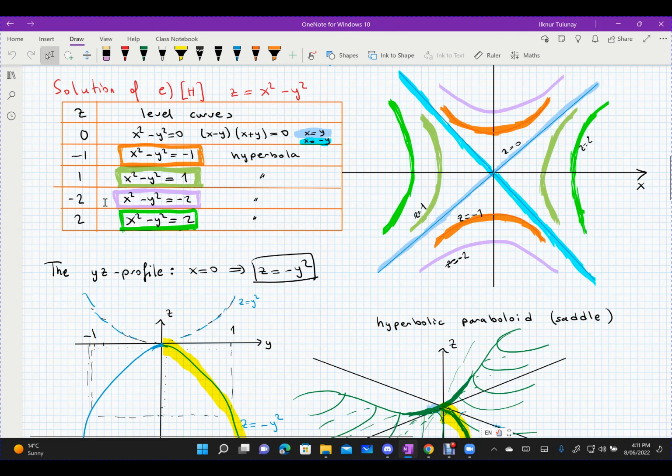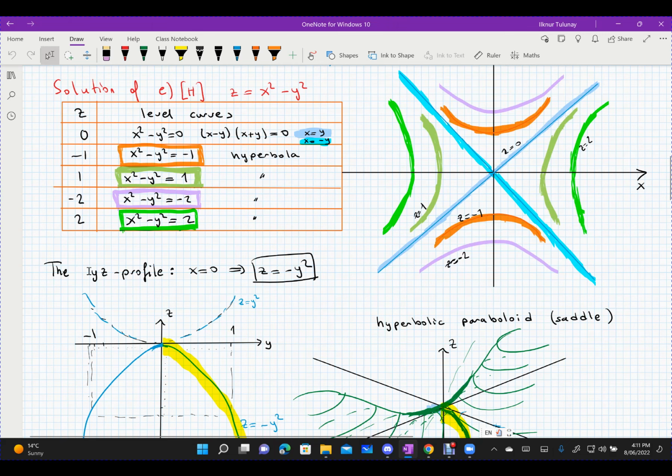For z is equal to minus 2, we have the hyperbola, the purple one. And the last one is x squared minus y squared is equal to 2. We will have this hyperbola over this side. Now, these are the level curves on the XY plane. That's a projection of the surface on the XY plane.